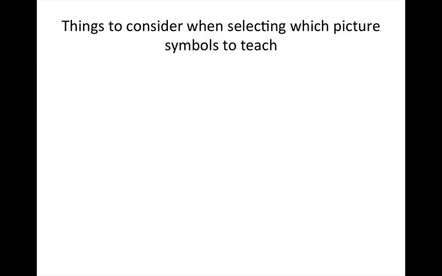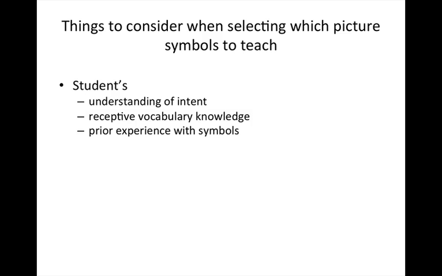There are a number of things that we need to consider when we're trying to think about what symbols we're going to teach. For example, we need to have some understanding of what the student knows about communication intent. Are they students who are still using non-symbolic means to communicate in very unintentional ways?